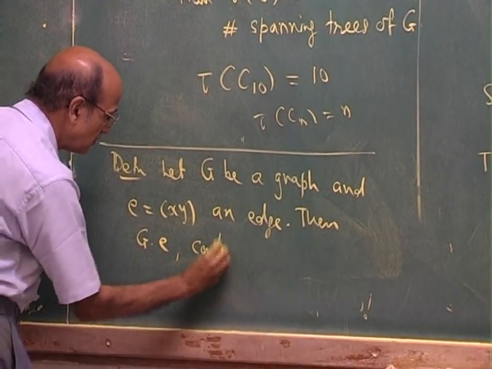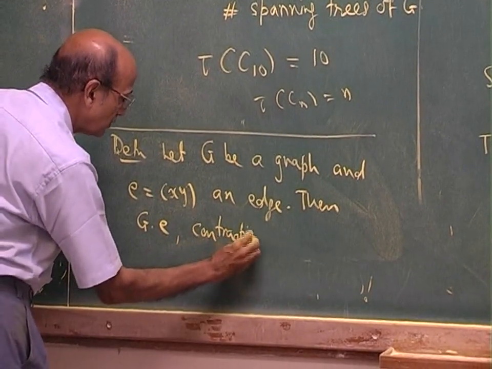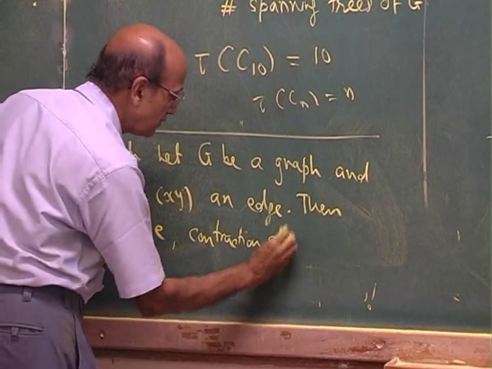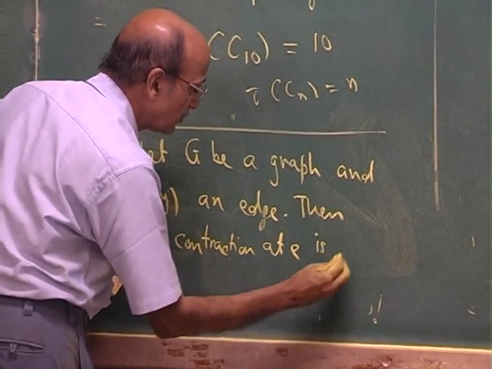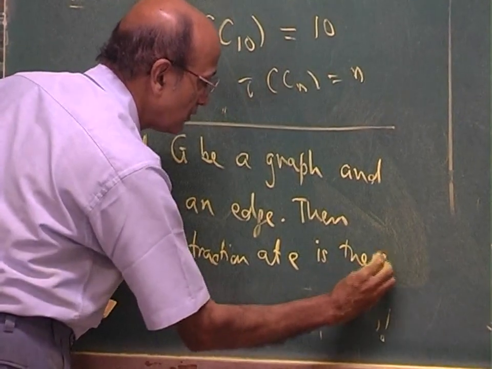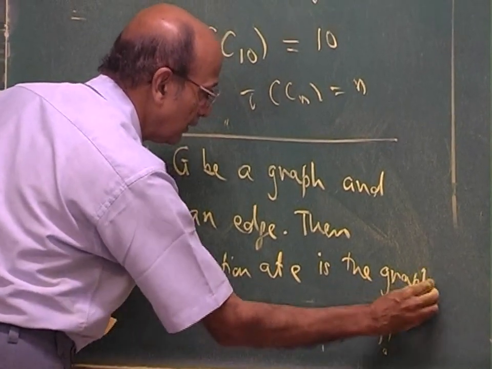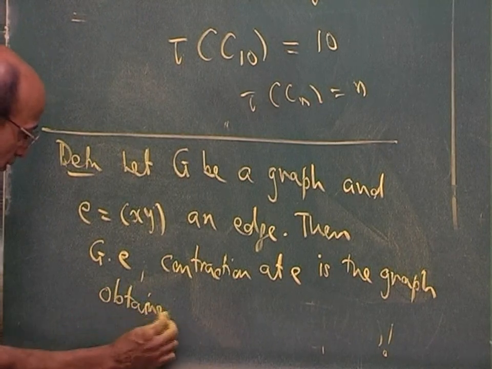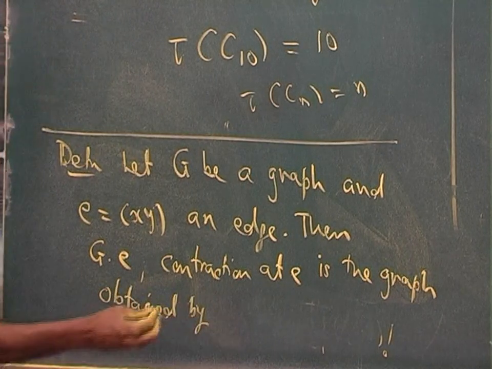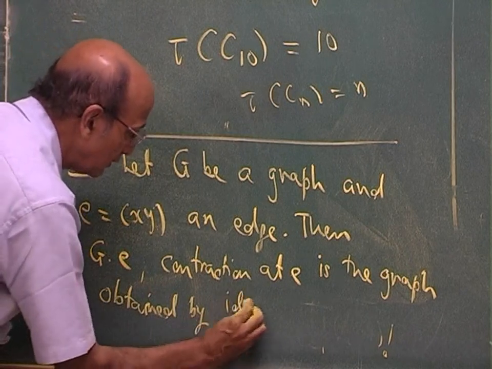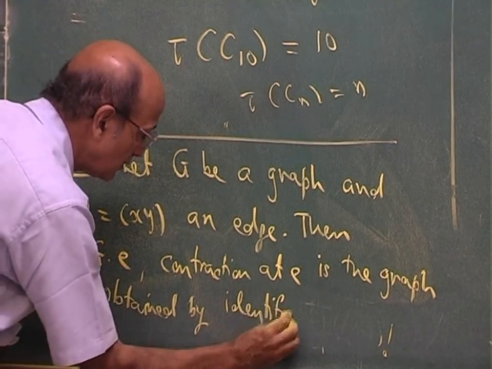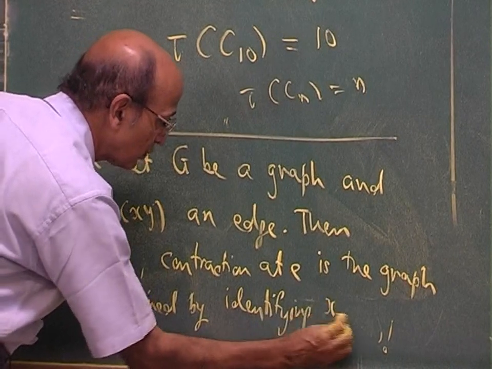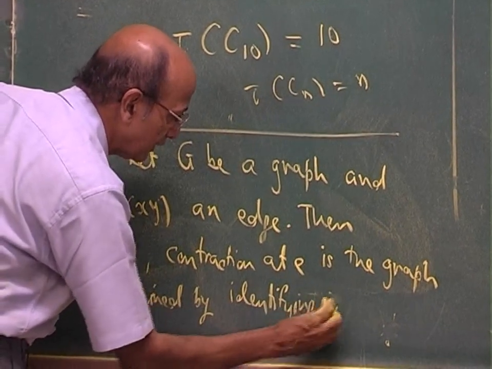Contraction is the graph obtained by identifying x with y or y with x.